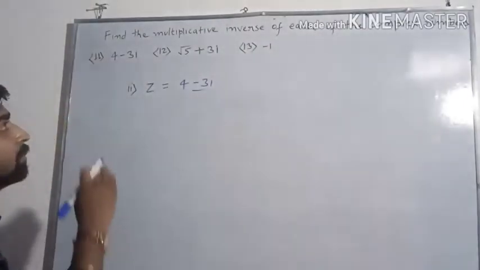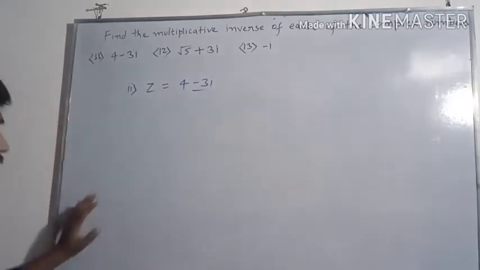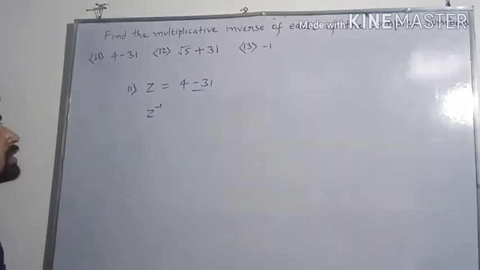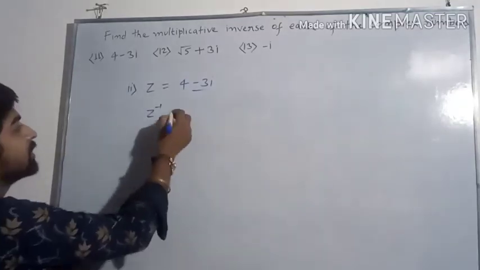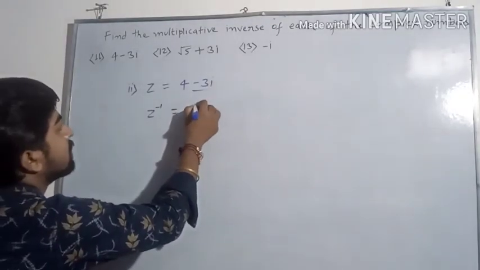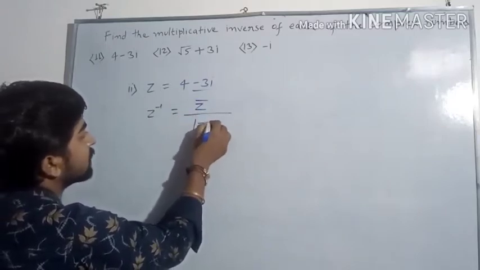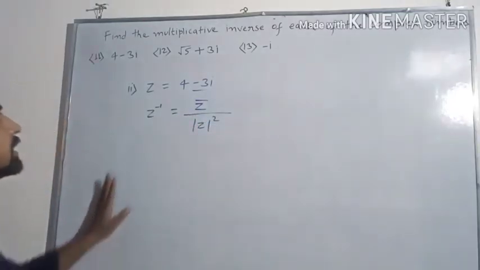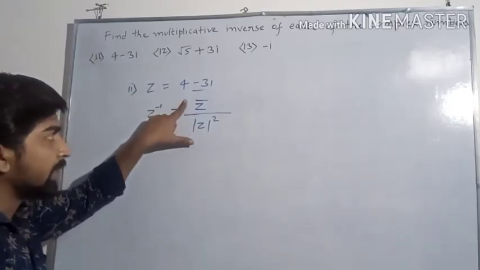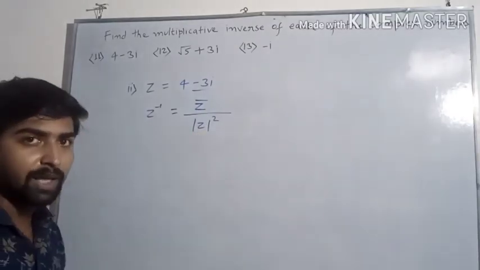If z is a complex number, then z inverse is its multiplicative inverse, and z inverse equals the conjugate of z upon the square of the modulus of z.